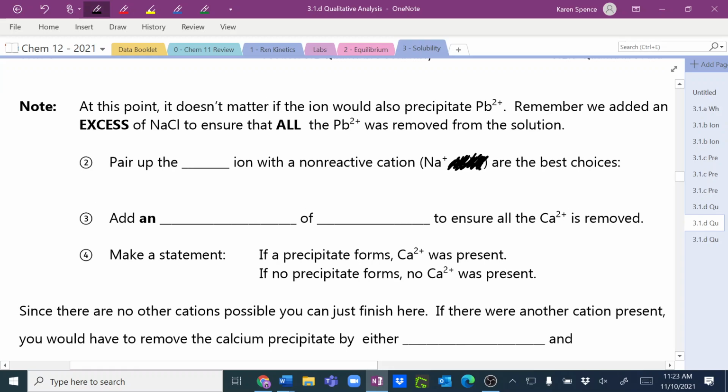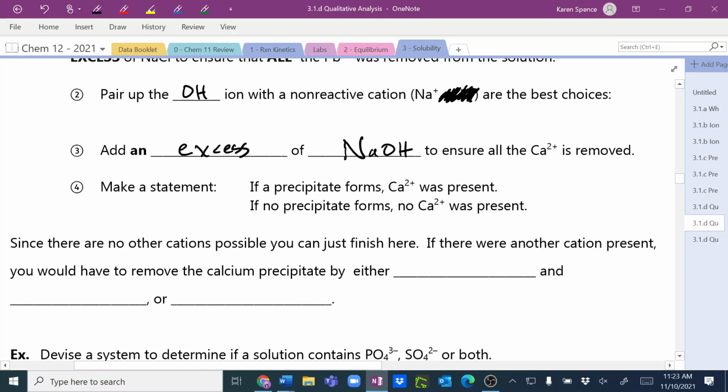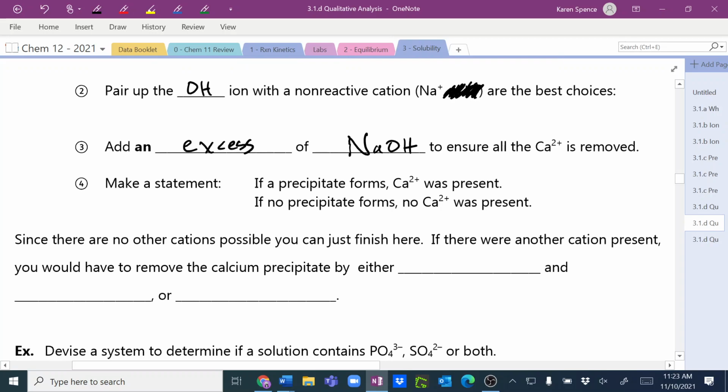Pair up the hydroxide ion with sodium, add an excess of the NaOH, we've already written this, if you don't want to write it, it's fine, to ensure all the calcium is removed. Make a statement: if precipitate forms, calcium is present, and so on.